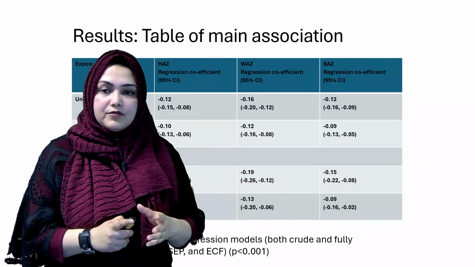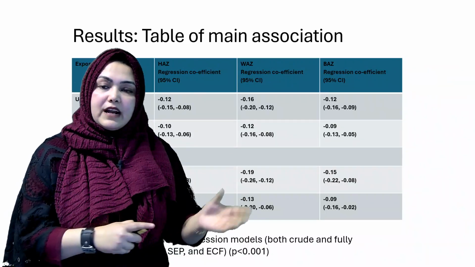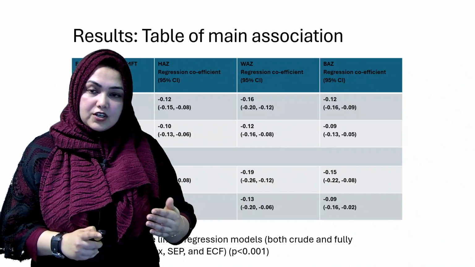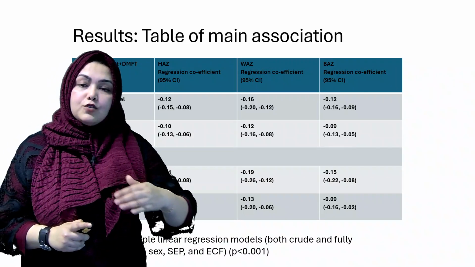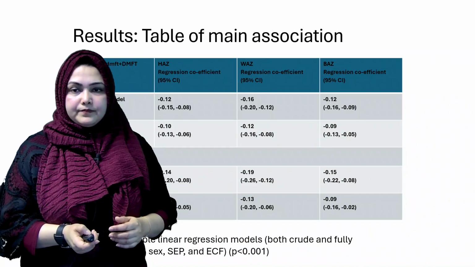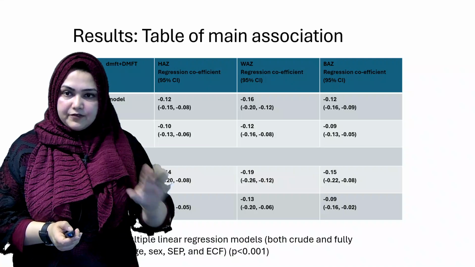So in a nutshell, even after adjusting for all confounding factors, there is still an association of higher dental caries with lower height, weight and BMI in the study population. And the analysis was statistically significant.